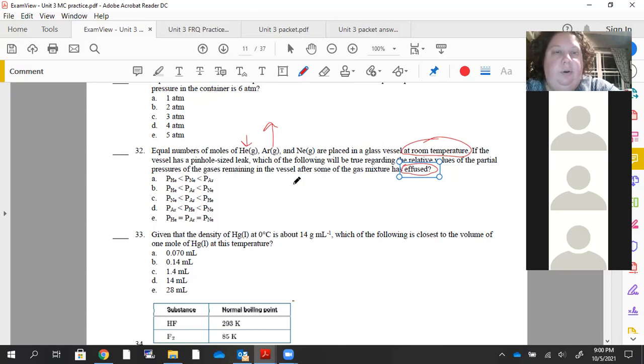So the pressure of argon is going to be the biggest after all that time has passed. The pressure of helium should be the smallest, because most of it will have leaked out, or at least some of it will have leaked out. So the answer should be A. At the very beginning, because we had equal moles, we would have had equal partial pressures.